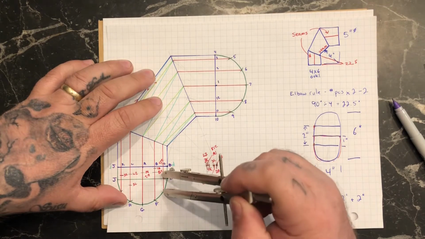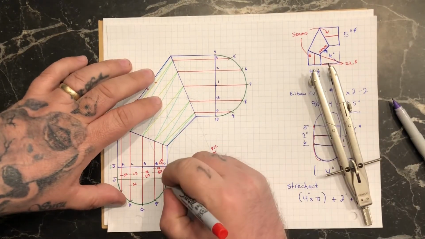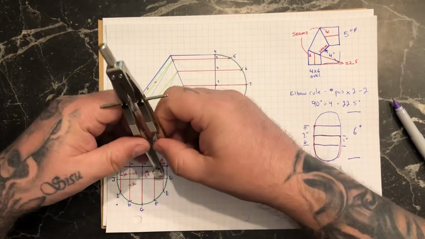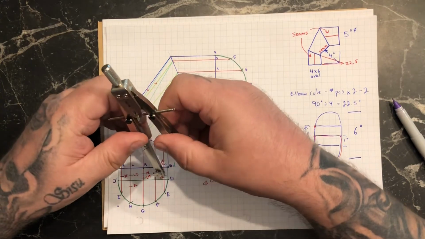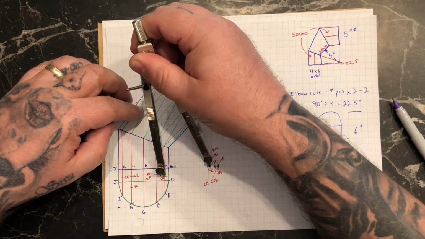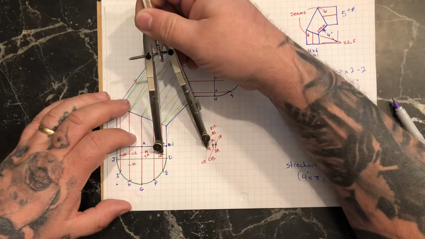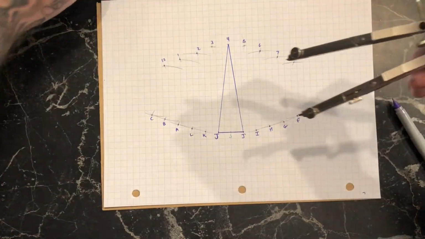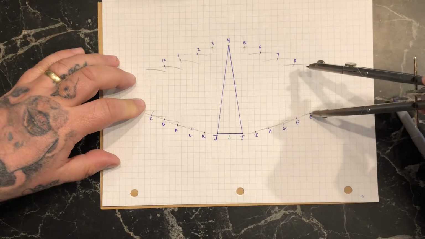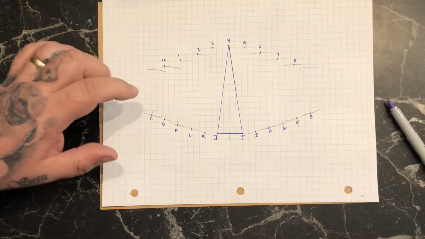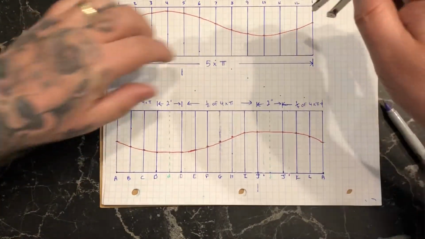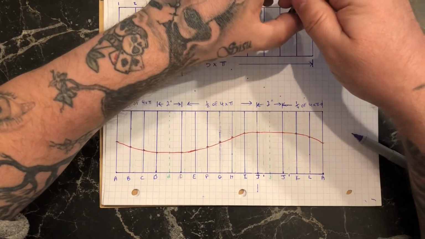Subtract it off of C. C11. So C11. And I go C to 11. To 11.